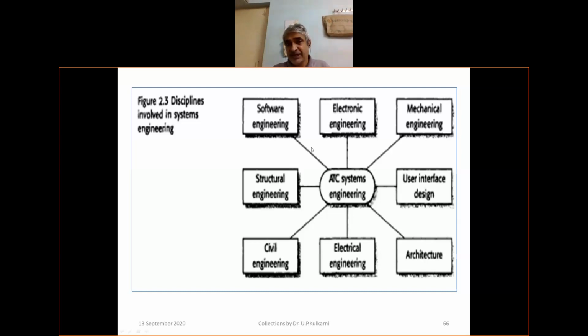It is software engineering, electronics engineering, electrical engineering, all of these that make up the discipline of system engineering. So when you work later, don't think that you don't need mechanical or electronics engineering. That's why the open electives have been put in.